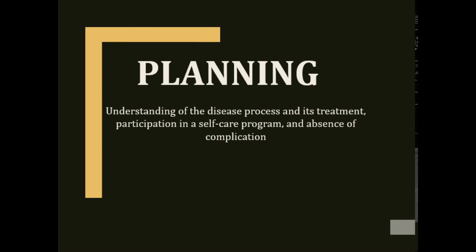Understanding of the disease process and its treatment, participation in a self-care program, absence of complications, BP within acceptable limits for individual, cardiovascular and systemic complications prevented or minimized, the disease process or prognosis and the therapeutic regimen understood, necessary lifestyle or behavioral changes initiated, and lastly, plan in place to meet needs after discharge.